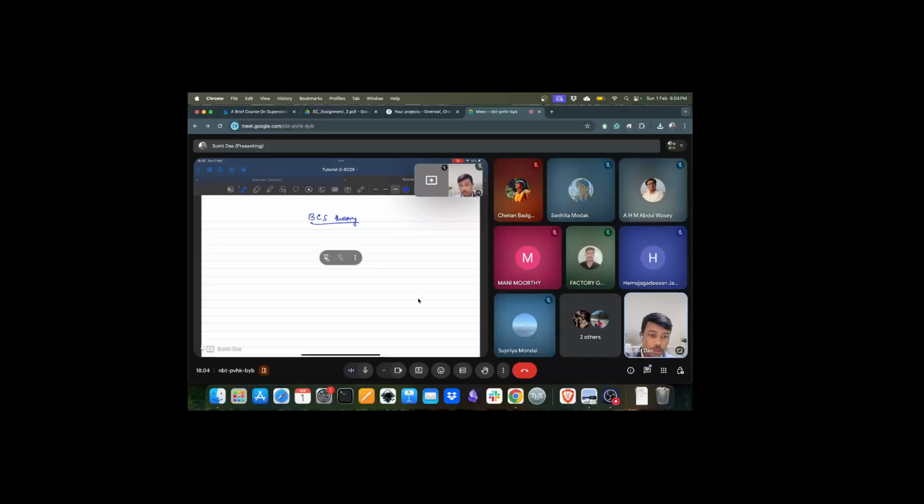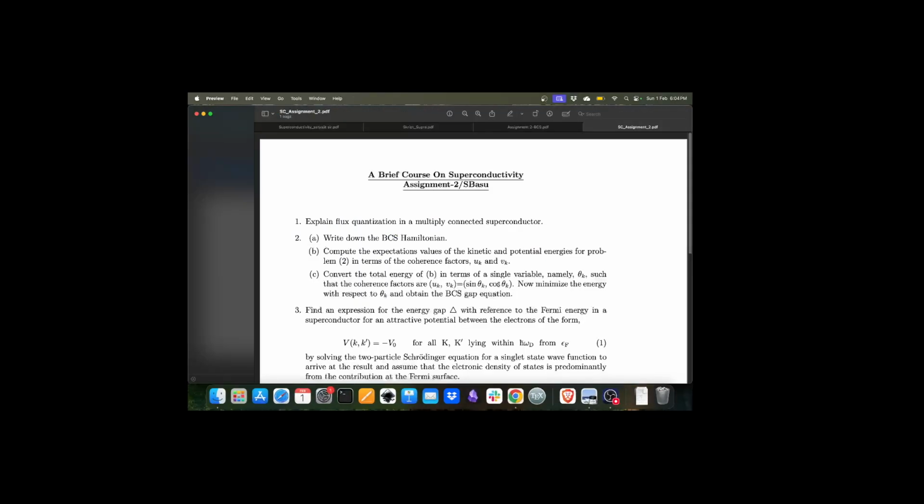So the first question that we have for this assignment is: explain flux quantization in a multiply connected superconductor.